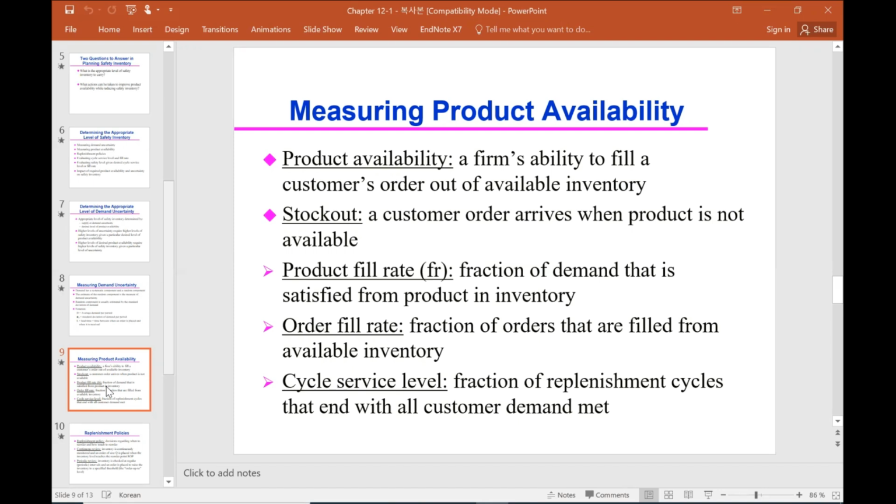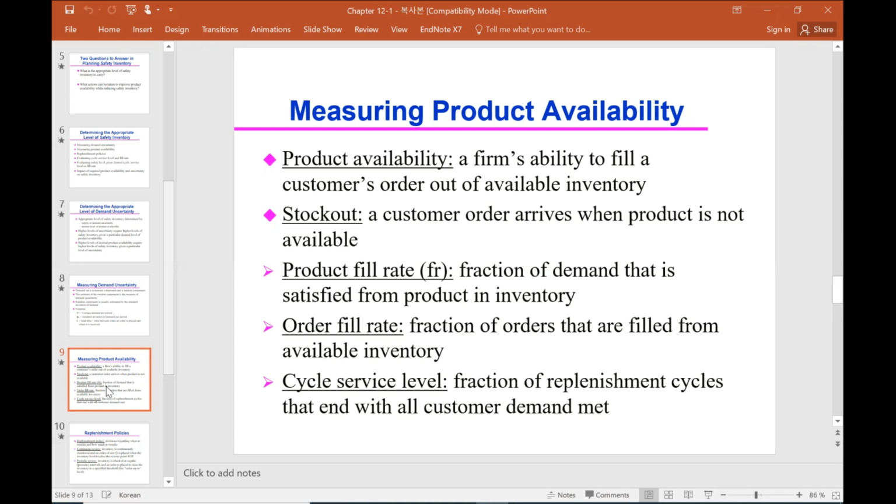Okay? But on the other hand, the last one, cycle service level, is quite different from the previous two. This is the fraction of replenishment cycles that end with all the customer demand met. Okay, so what is a cycle? Probably you remember, I already mentioned the cycle when I talked about the EOQ. It's like one cycle, okay?